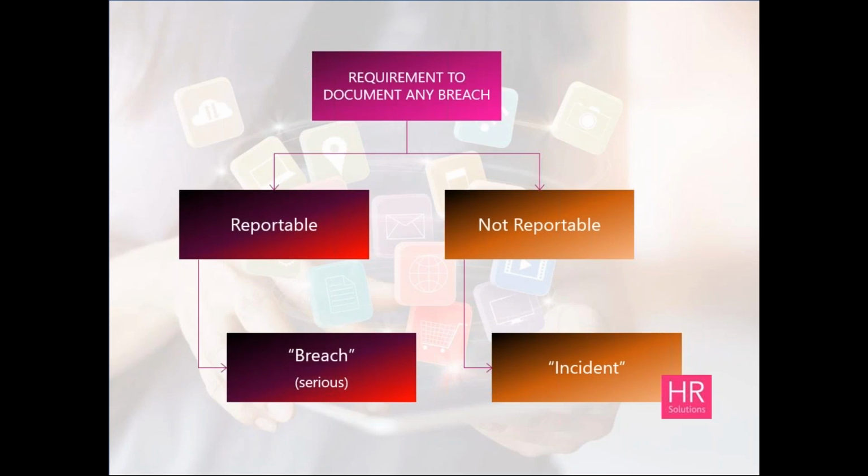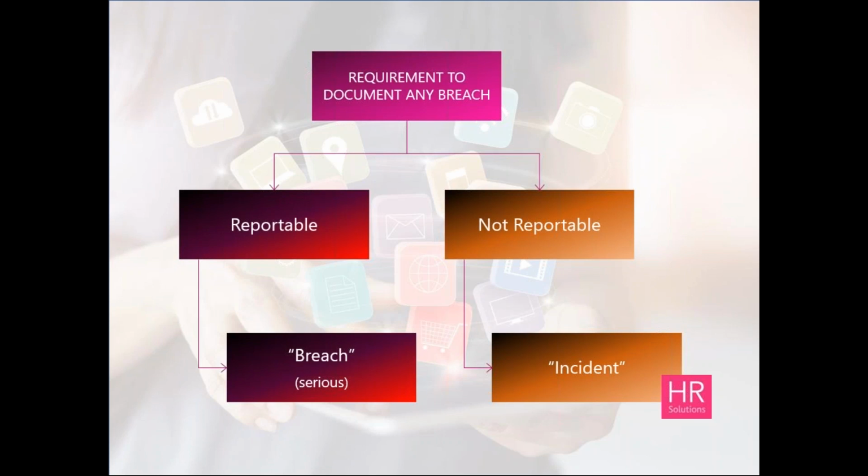Now, what we see here, and you might agree, is that you'll end up with breaches happening in your organisation, because let's face it, they will happen. Regardless of your best intention and your best efforts to put measures in place, breaches are probably going to be happening very regularly, maybe even daily.